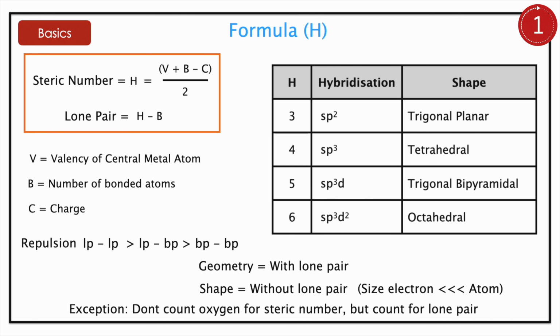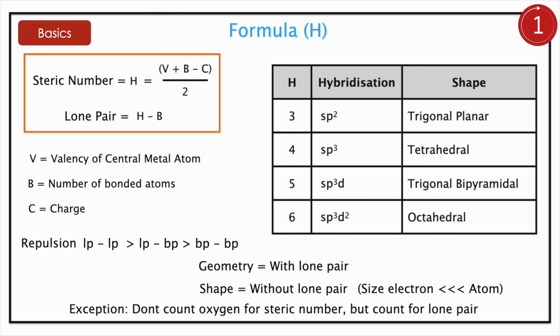The shapes accordingly vary. 3 means trigonal planar, 4 means tetrahedral, 5 means trigonal bipyramidal, 6 means octahedral. Here the formula is H equals V plus B minus C, whole divided by 2. The number of lone pairs is H minus B. Here V is the valency of the central metal atom, B is the bonded atoms, C is the charge.